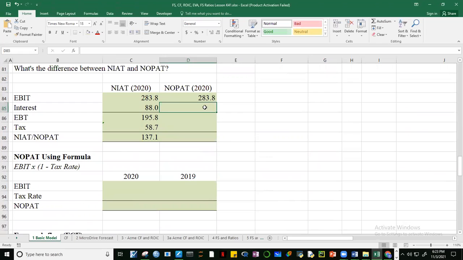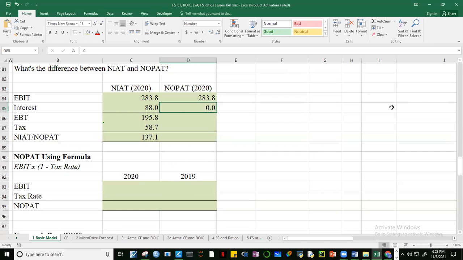What will be the interest if you're looking at NOPAT? The answer here is that when we're computing the net operating profit, we will not deduct interest expense. Why? Because interest expense is a function of financing, and we're looking at operating. It would be unfair to charge operations with interest expense when they're not responsible for that.